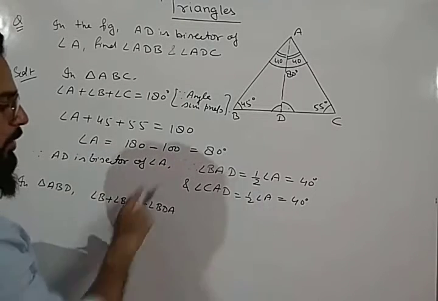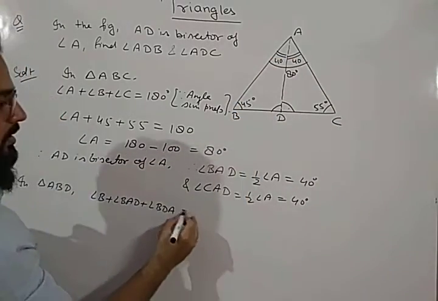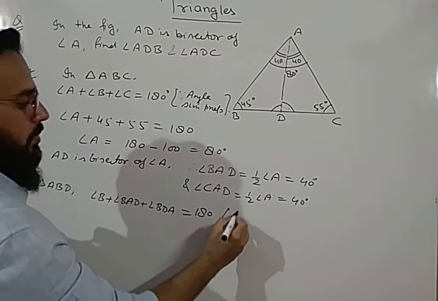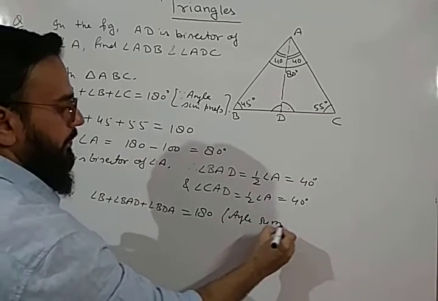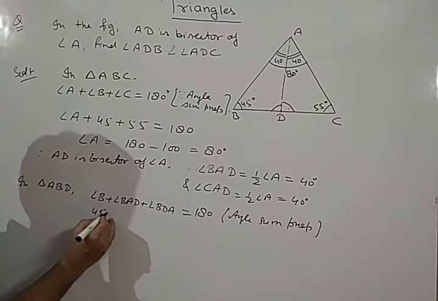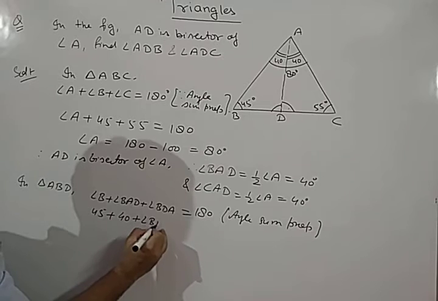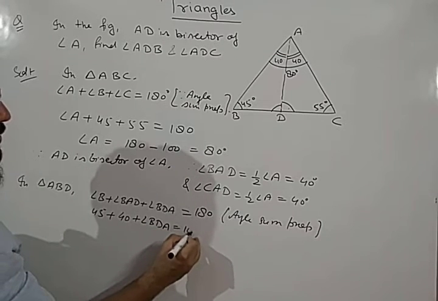You have to write the full name of the angle because this is not the complete angle A, it is angle BAD. Its sum is 180 degree by angle sum property. So we get 45 plus 40 plus angle BDA is equal to 180 degree.